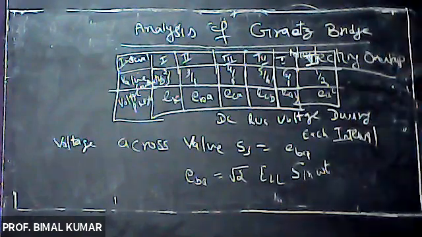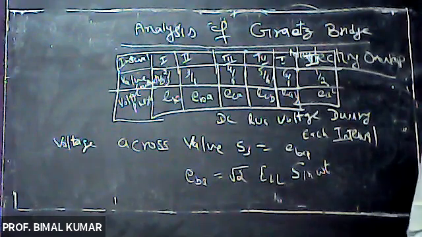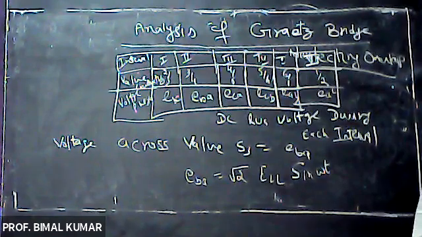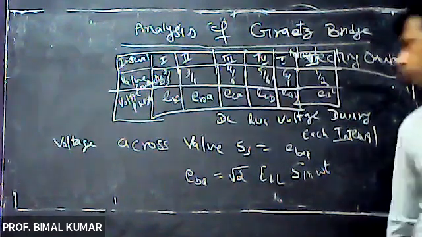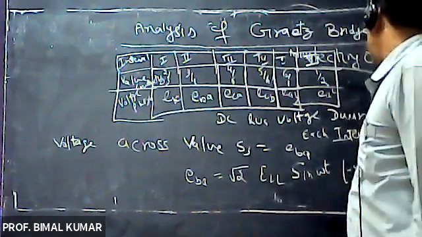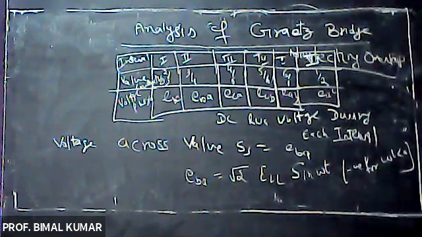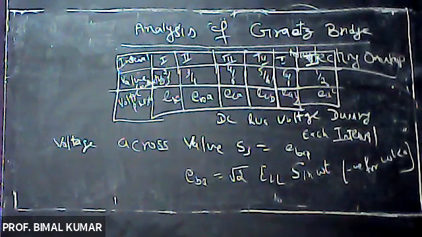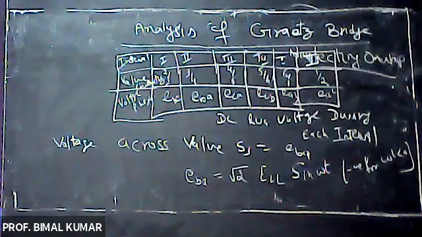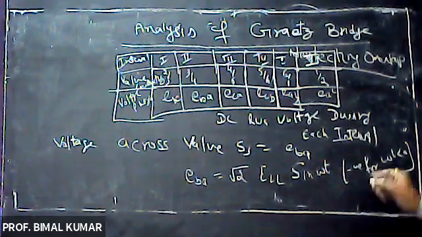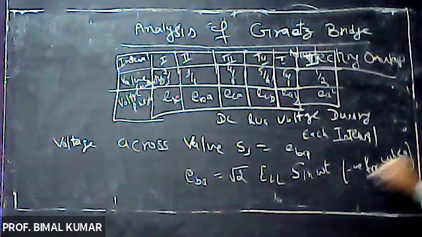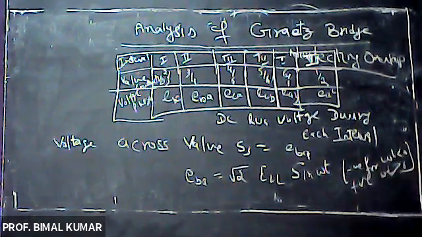So EBA is given by this, the voltage across the switch S3, and this is negative for omega t less than 0, and it becomes positive when omega t is greater than 0.